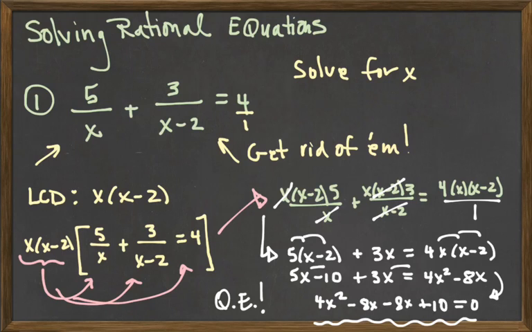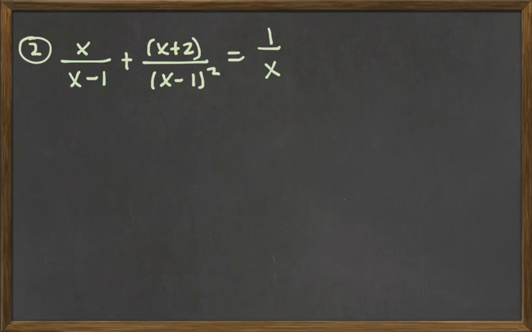I moved everything over to the right, but then rewrote it from the left. Alright? So now I'm going to move to a whole other board. And we have now 4x squared minus 16x plus 10 equals 0.